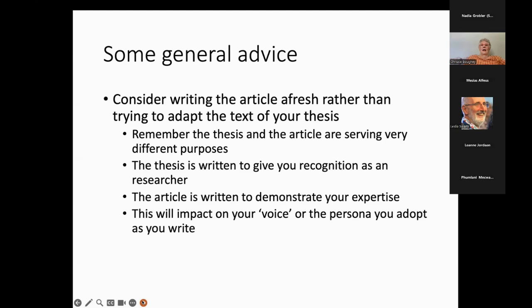You can assume more status as you write the article. So what people in my field call the voice, the persona, the person of the writer is different for a thesis and the article. And even if you haven't yet got the title, you're writing as a student, you're still going to have to adopt this different voice.